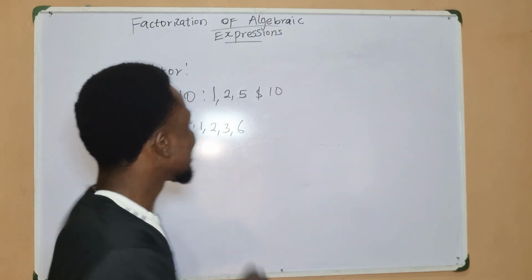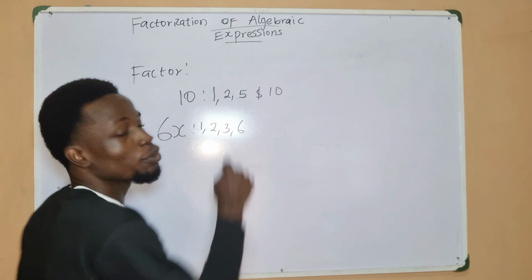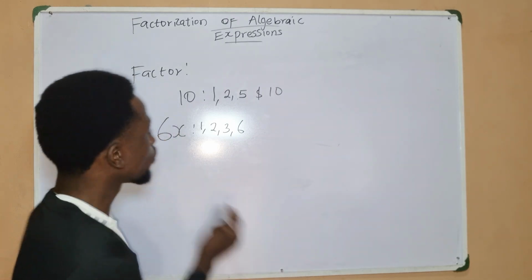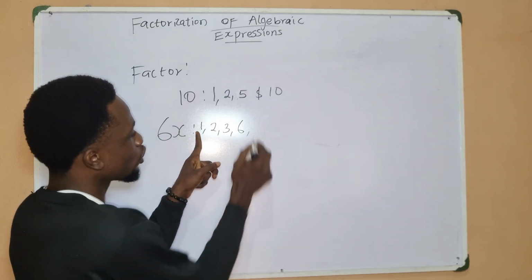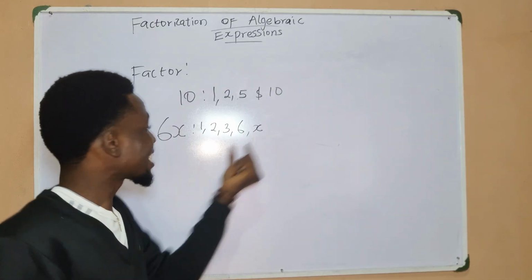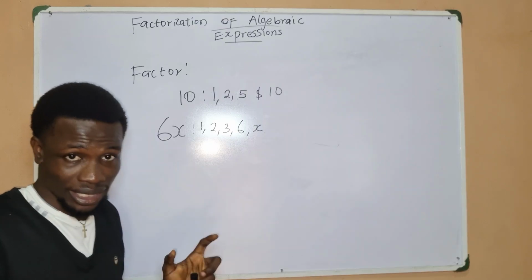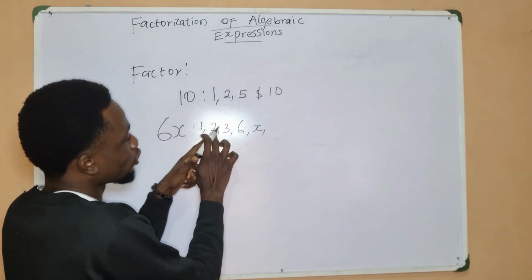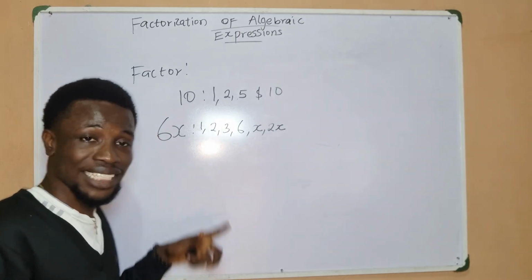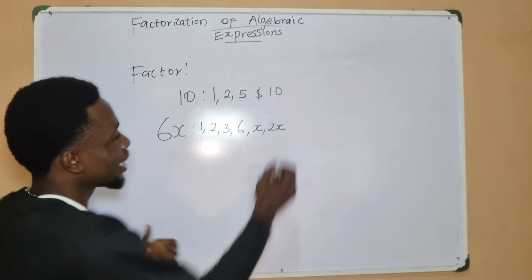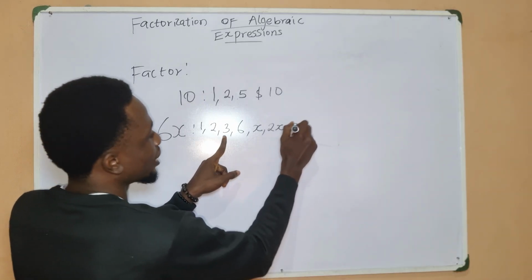Next, I'm going to replicate these numerical factors with respect to the variable here. This is what I mean. In place of 1, I'm going to add x. Why? Because x can still divide 6x without leaving any remainder. So in place of 2, I'll write 2x, because 2x can still divide 6x without leaving any remainder. Then in terms of 3, I'll write 3x.